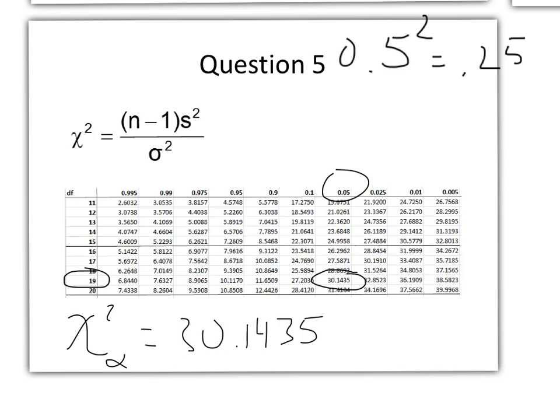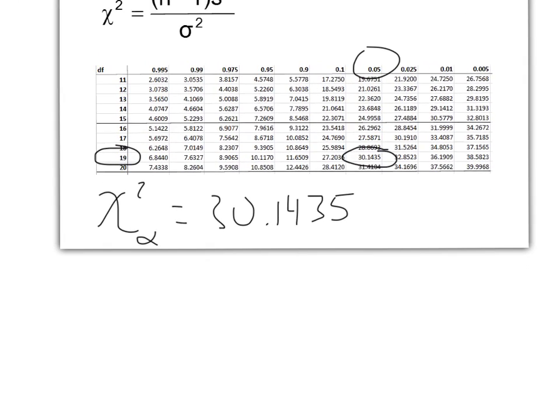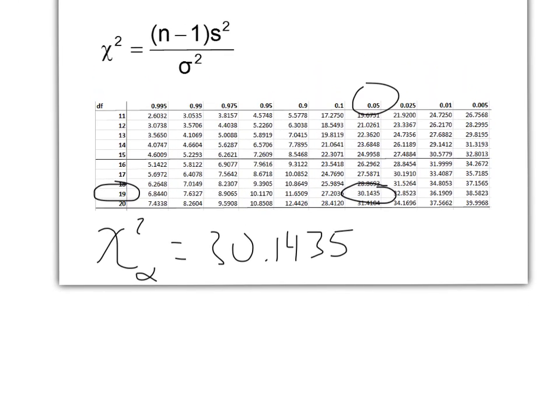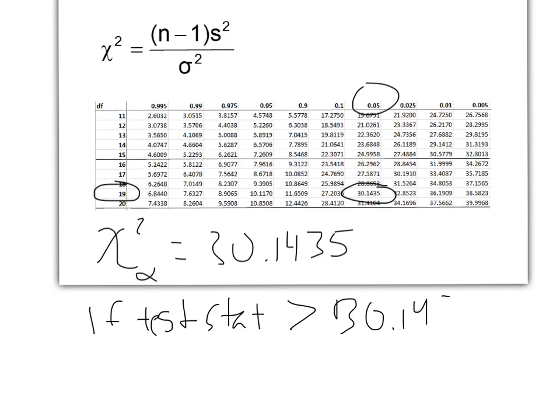So our decision rule is, if the test stat is greater than 30.1435, reject the null, otherwise do not reject, right? So that is our decision rule.